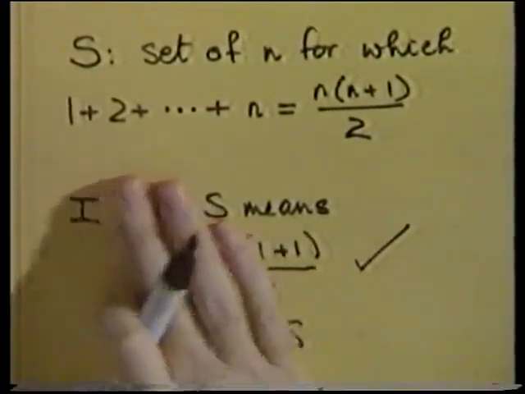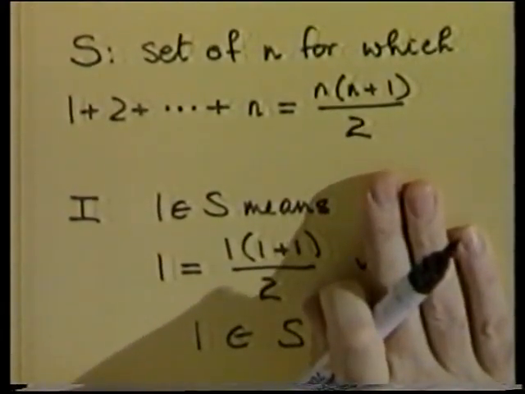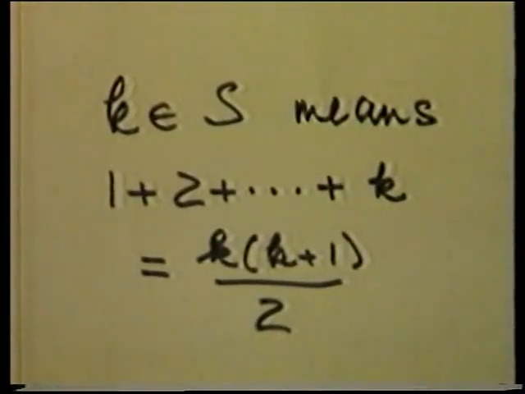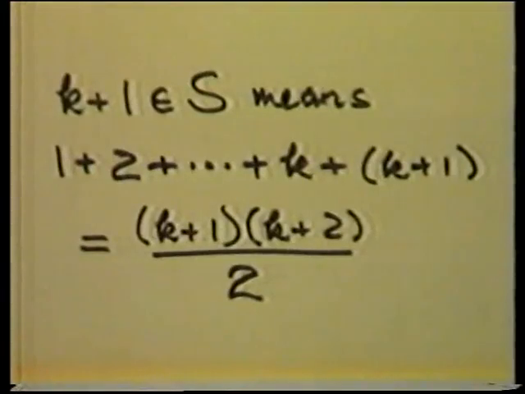So replacing n by k, we see that k belongs to S means that 1 plus 2 and so on up to k is equal to k times (k plus 1) over 2. In the same way, replacing n by k plus 1, we see that k plus 1 belongs to S means this.